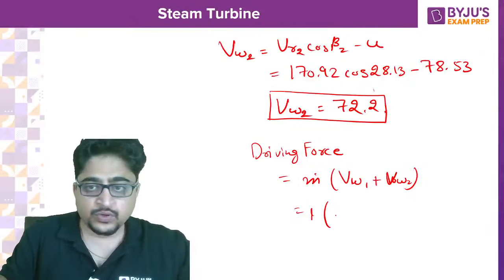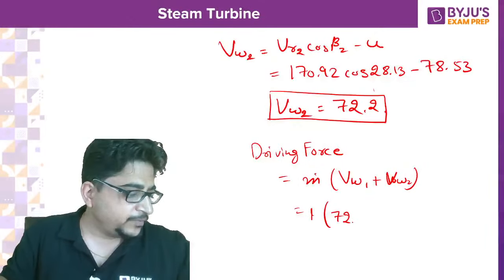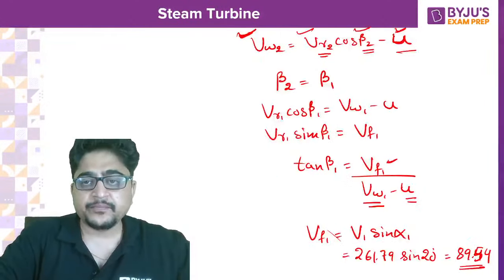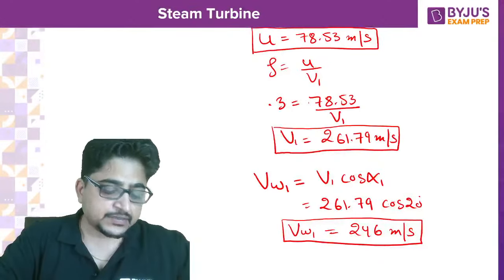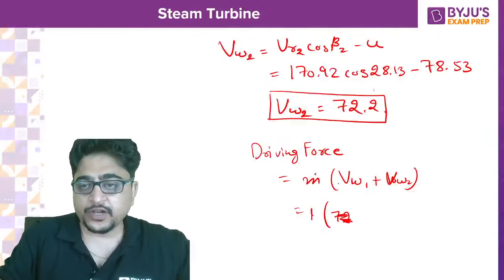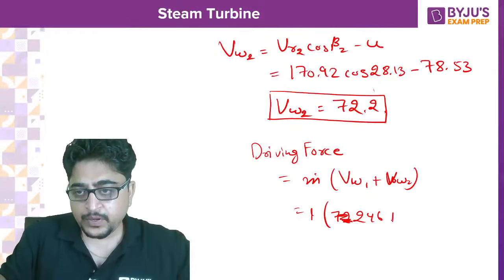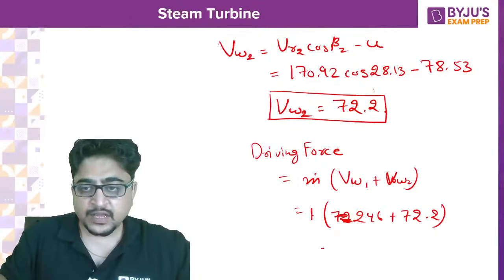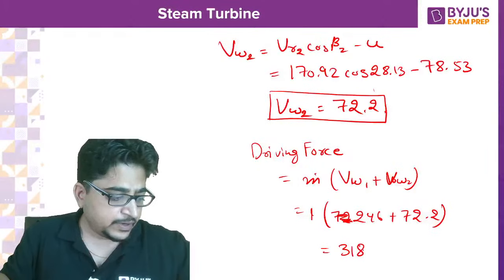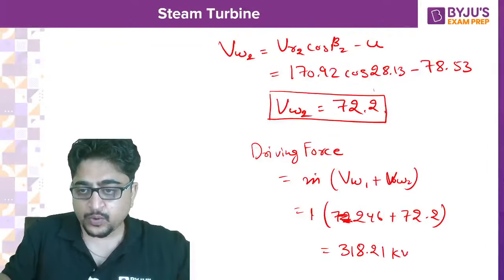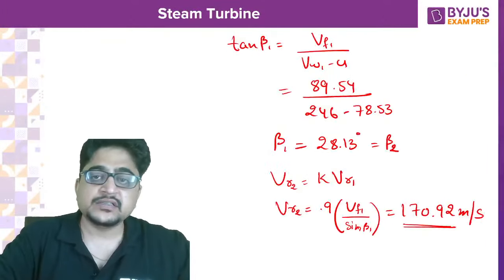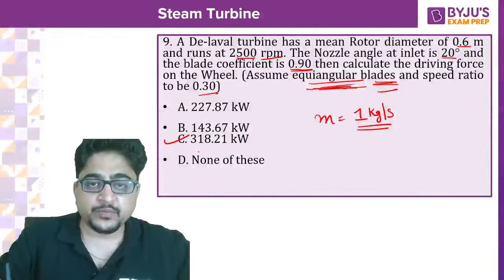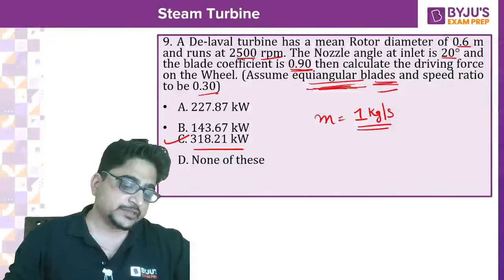Vw1 is 246 plus 72.2. What is the answer? The answer is coming as 318.21 kilowatt. That is option number C.